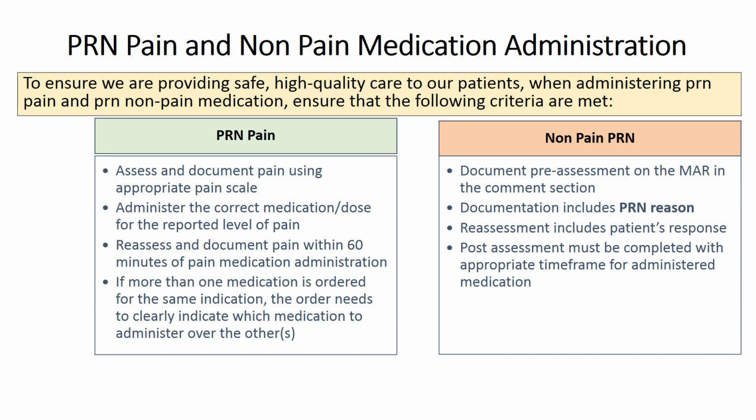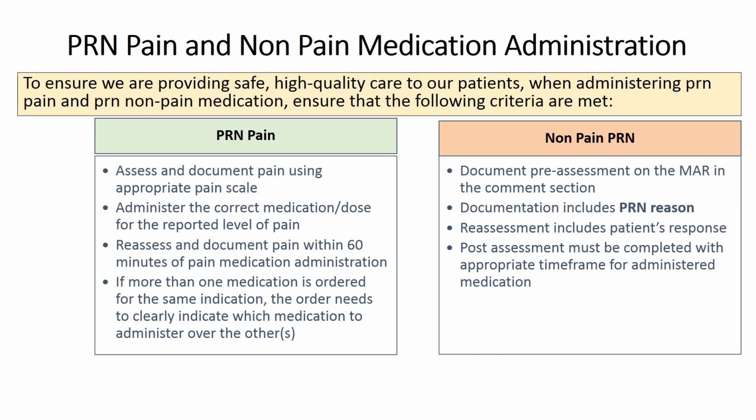So making sure it's appropriate, and you're going to administer the correct medication and dose for whatever the reported level of pain is. So your orders, which we'll talk about, but we'll say for mild pain 1 to 3, moderate pain, I don't know what your physician or provider will put, but you have to make sure that your pain scale is matching the order of the medication that you're giving.